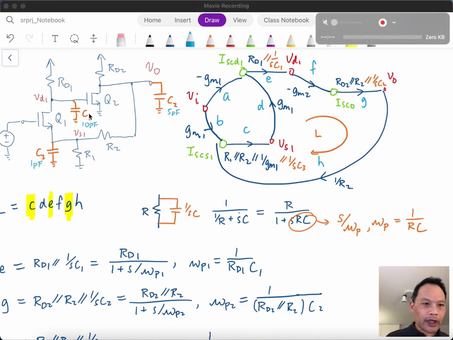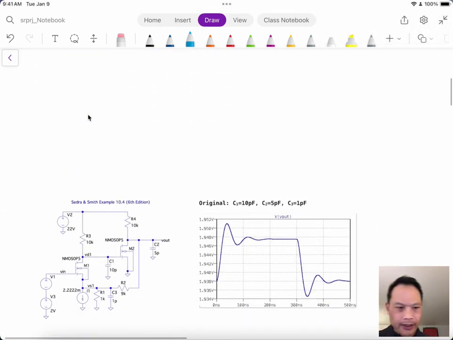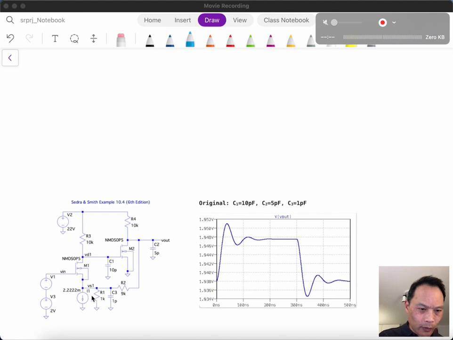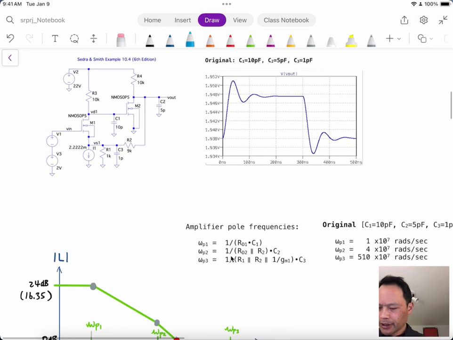Okay, so if we put that in and simulate this, with 10, 5, and 1 picofarad, then the transient response looks like this, and we can see that we have this underdamped response to a 300 nanosecond pulse. That shows us it's underdamped, and we know that there's some stability issue if we don't want an underdamped response.